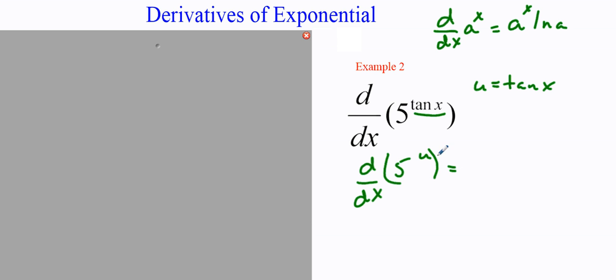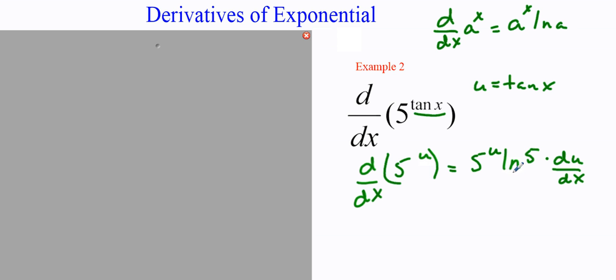The derivative of 5 to the u with respect to u is 5 to the u times the natural log of the base, which in this case is 5, times the derivative of u with respect to x.